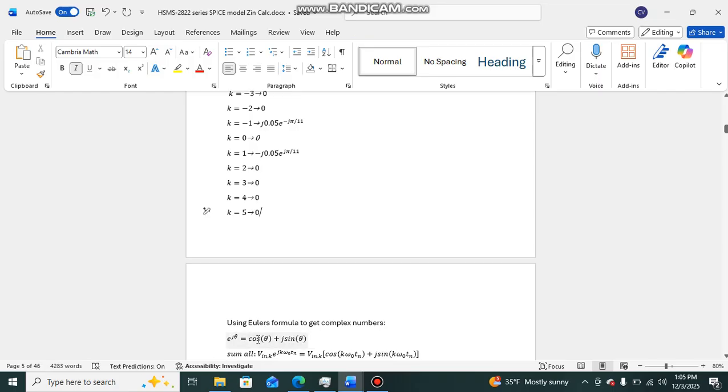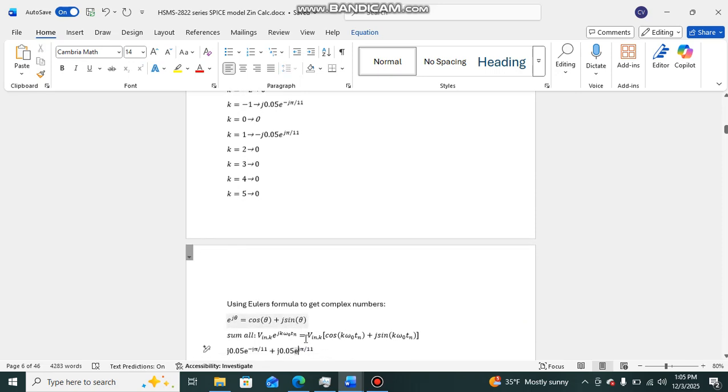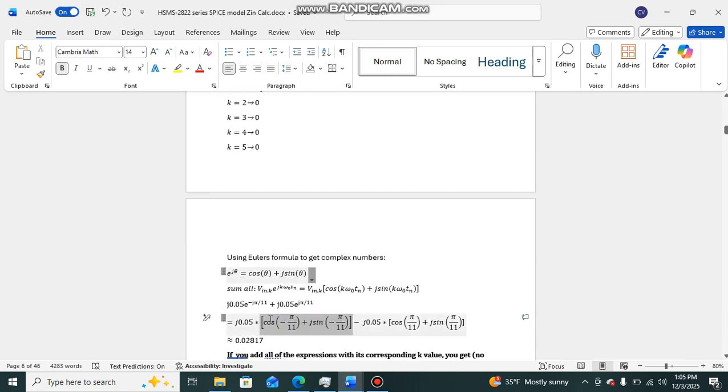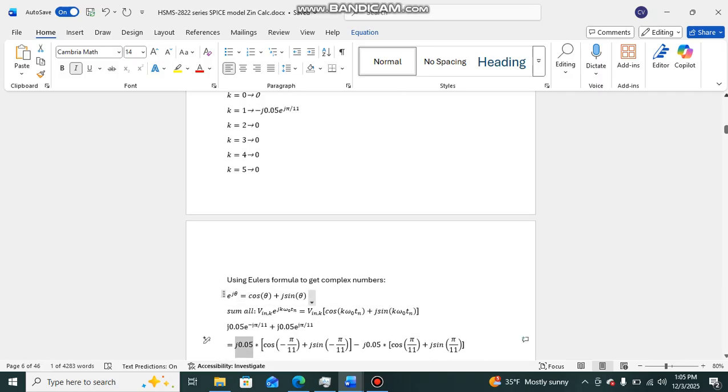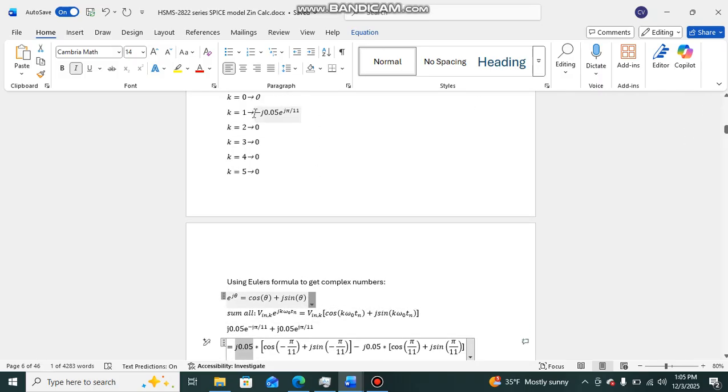Negative pi over 11 would go into the theta here and here also. And we're multiplying that by our frequency domain input voltage, which is j 0.05. And then we're adding it to the negative part here. We're adding this also.